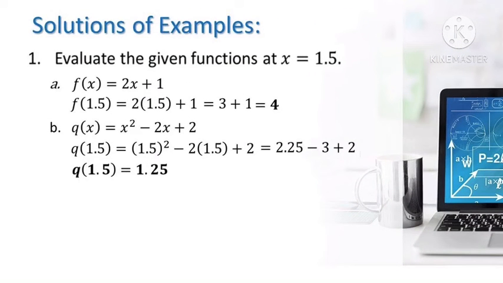Hence, 2.25 minus 3 plus 2 is equal to 1.25. Thus, q of x, where x is equal to 1.5, is equal to 1.25.